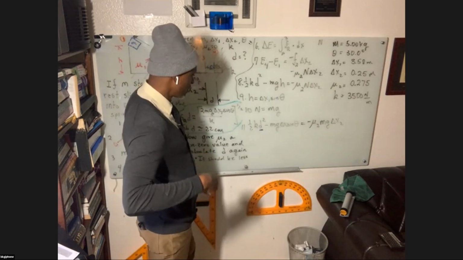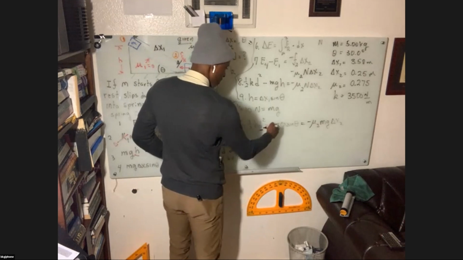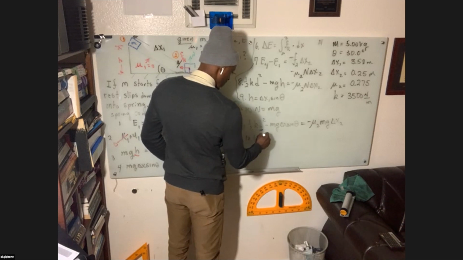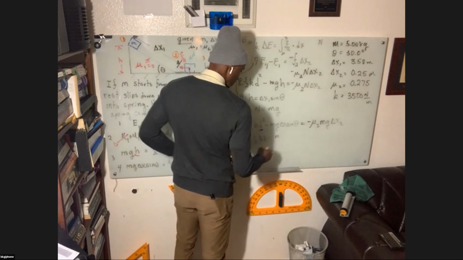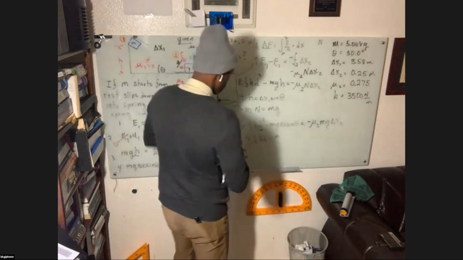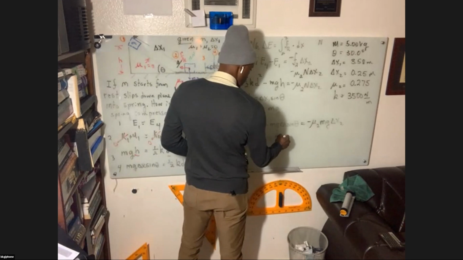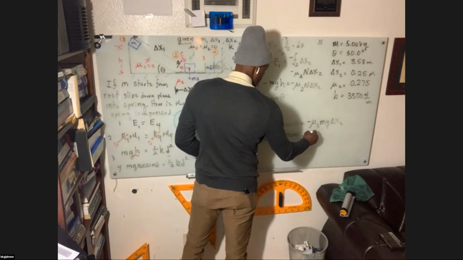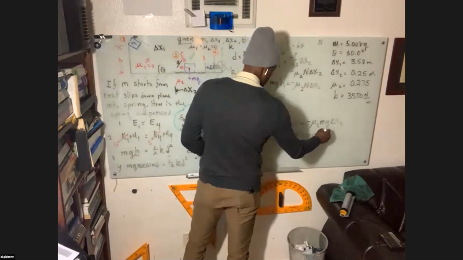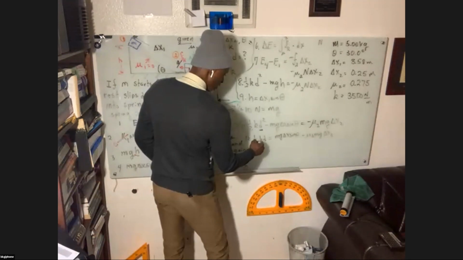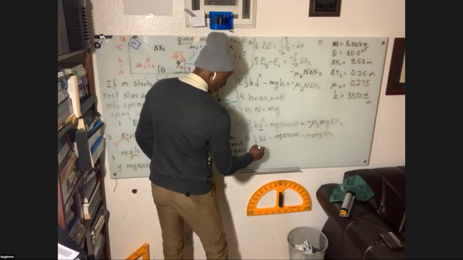And when we do, I'll do it in steps. I'll take this guy over. So we have first, so we have 1/2 k D squared equals mg delta x sine theta, minus mu2 mg delta x2, multiplying through by basically 2 over k.